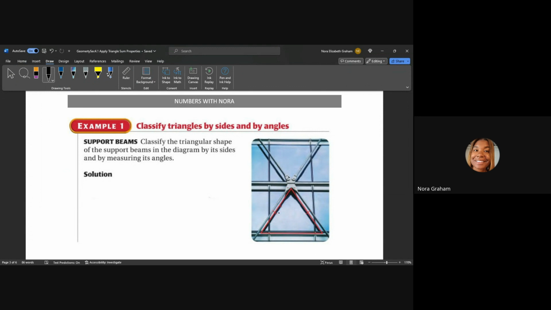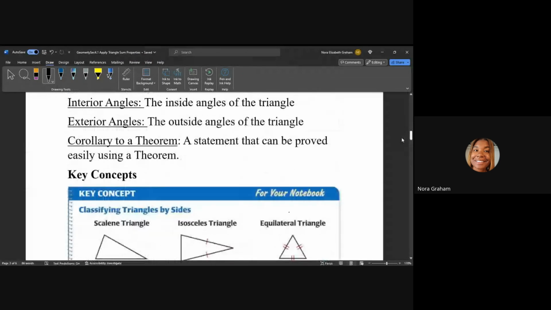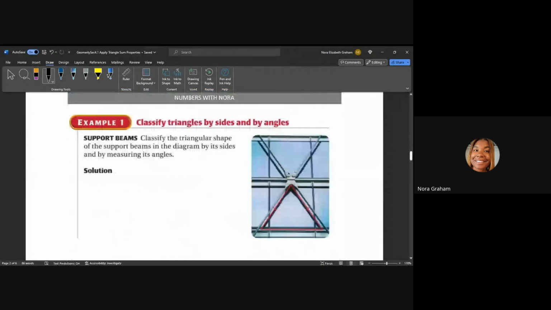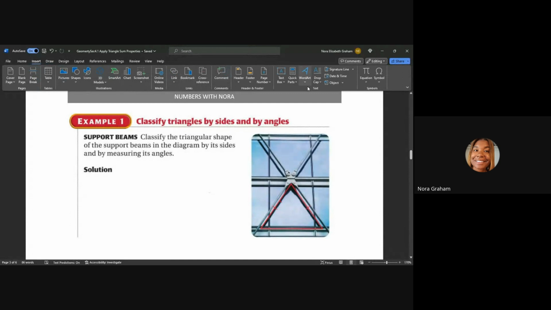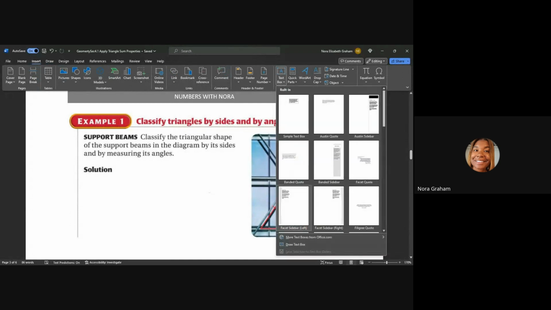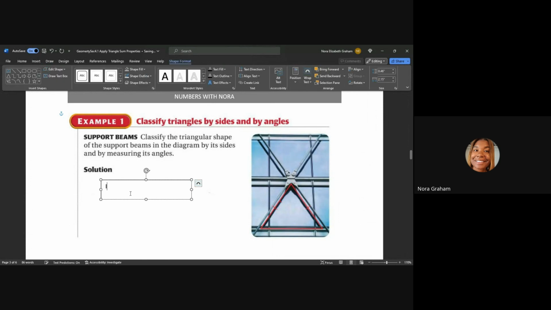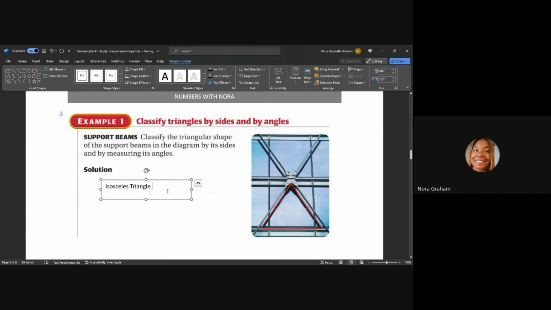Since it does have 2 congruent sides, that means it's going to be an isosceles triangle, just like how we had in our theorem right here, isosceles triangle. So we can just call it by that. And that one's simple enough.